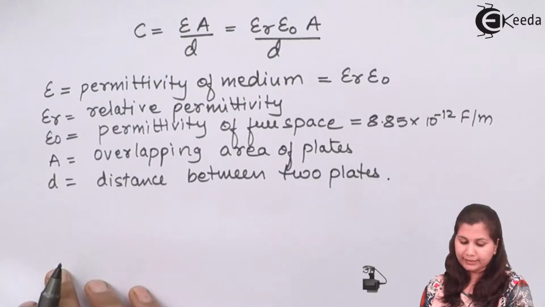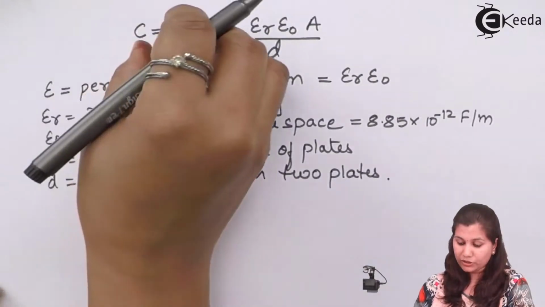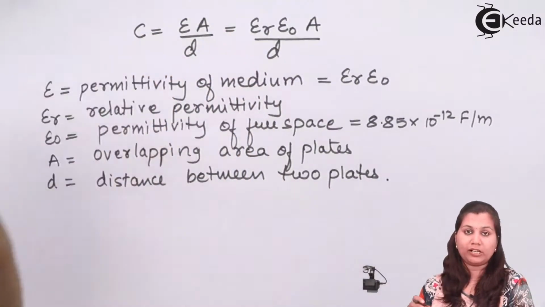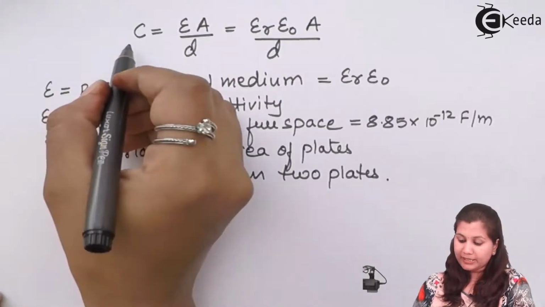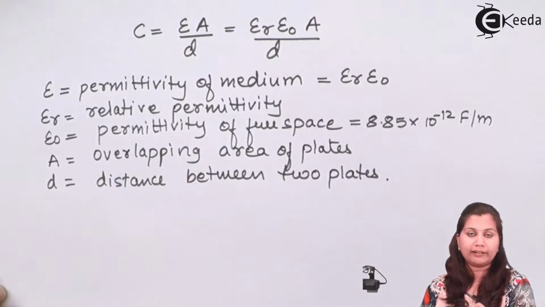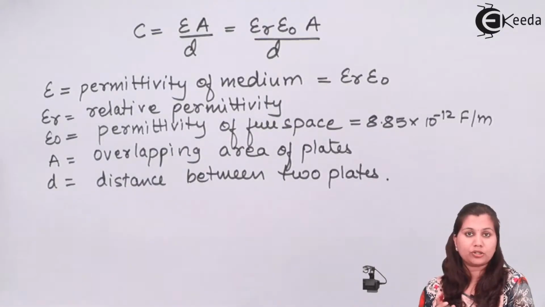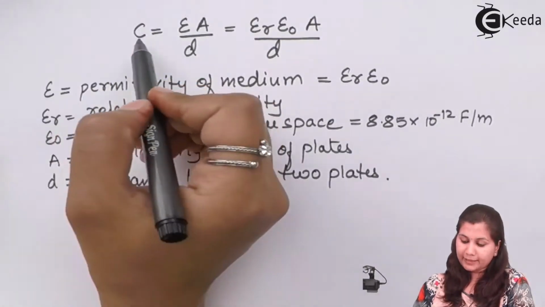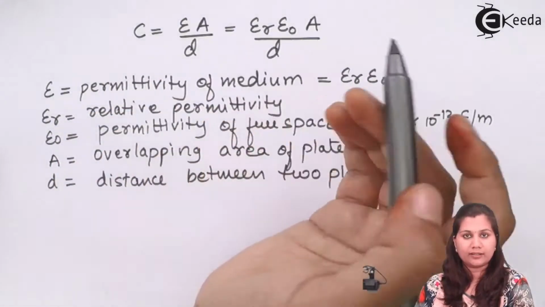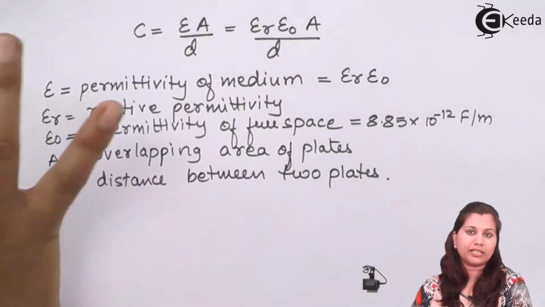So we can say that the capacitive transducers which work on this equation, if by any means we change any of these variables, can convert the non-electrical quantity into an electrical quantity. They use the principle of change of capacitance, and capacitance can be changed by changing any of these variables. So capacitive transducers work on the principle of changing any of these parameters.